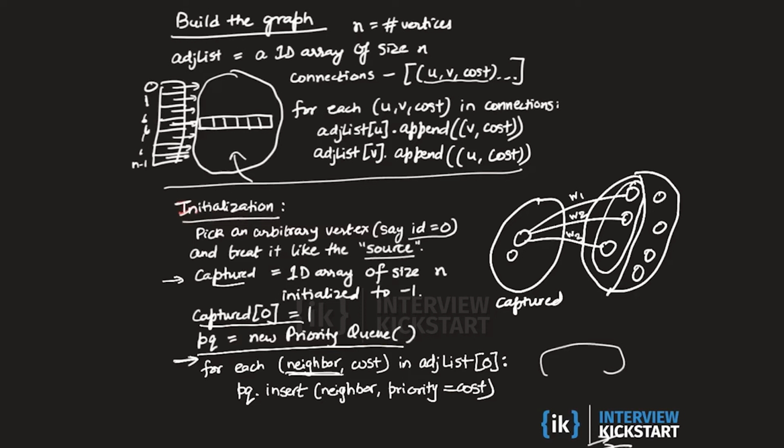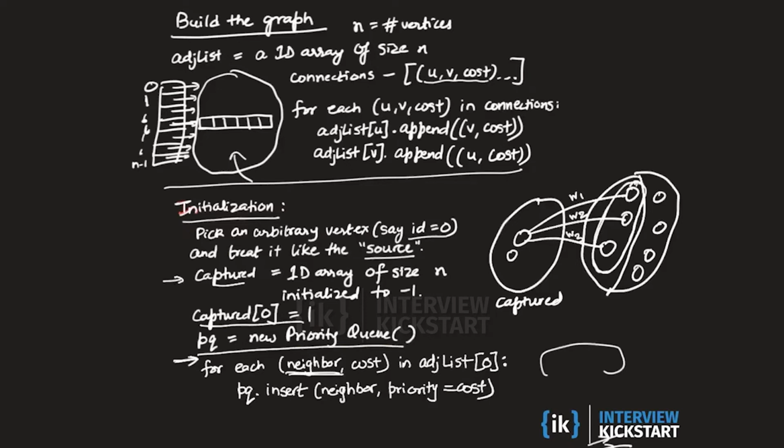Now in each step, we are going to pull one vertex out of the priority queue, drag it to the left, look at its outgoing neighbors, see if any of them is undiscovered. If so, we will insert those neighbors into the priority queue. So let's write the code for that. We are going to keep doing that as long as the priority queue is non-empty.